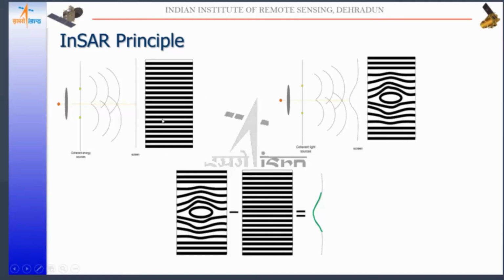If we subtract this and this, we can get the information of the terrain surface. So this is the InSAR principle, meaning why we are using this concept in deriving the terrain features over the ground: because of using the formula of interference.